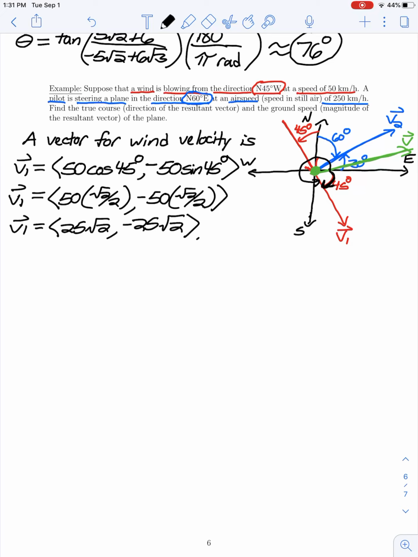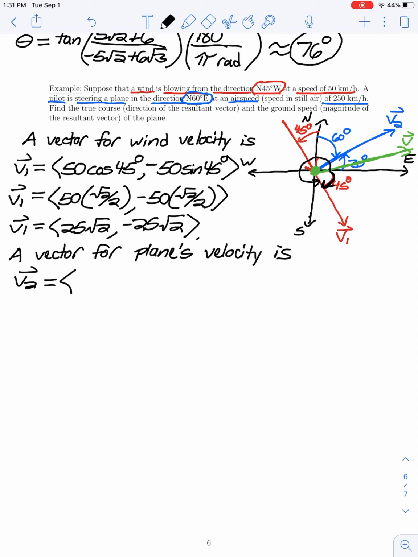So now we need to find a velocity vector for the plane. So a vector for the plane, or the plane's velocity, is given by what we were calling V2.